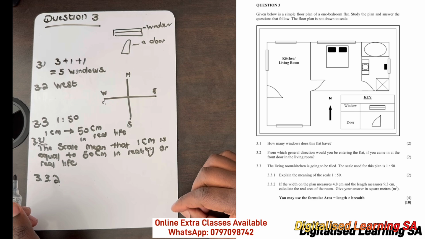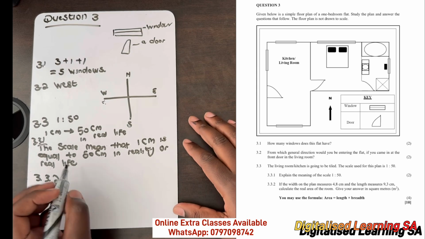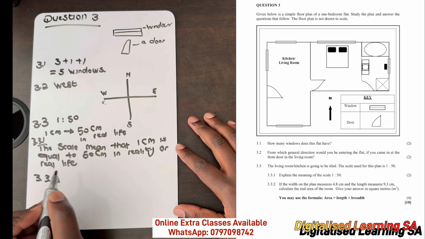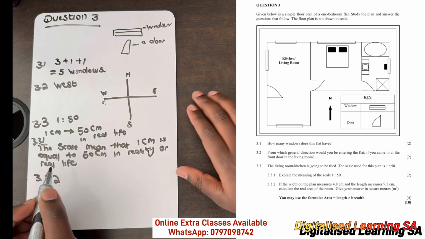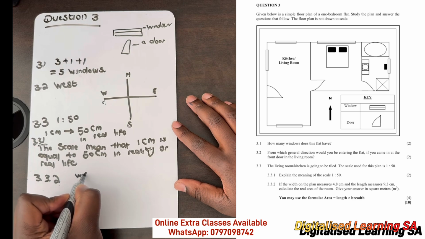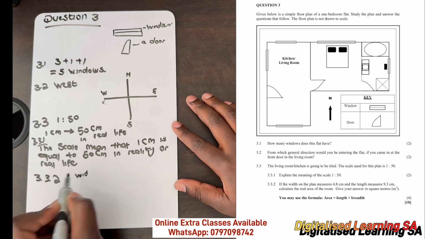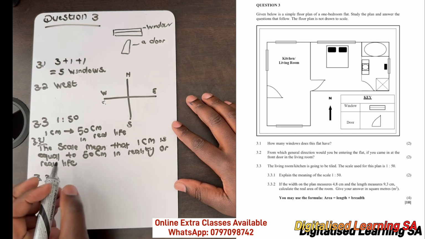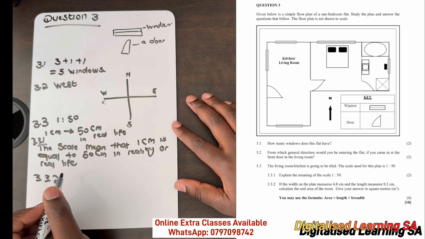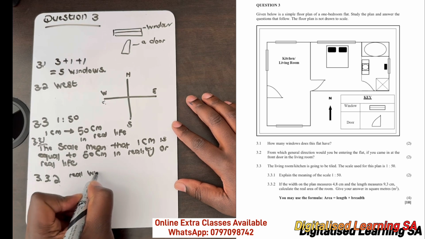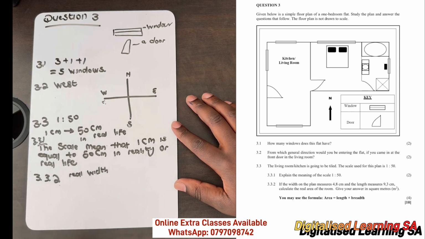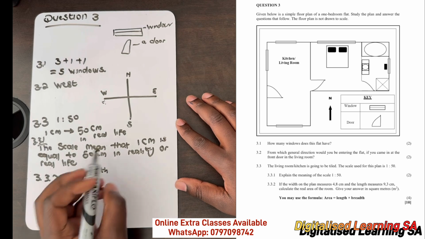So first, let's convert our width and our length into meters. If you're converting from centimeters to meters, you divide by 100. So for our real width, we need to multiply the width by 50 first.